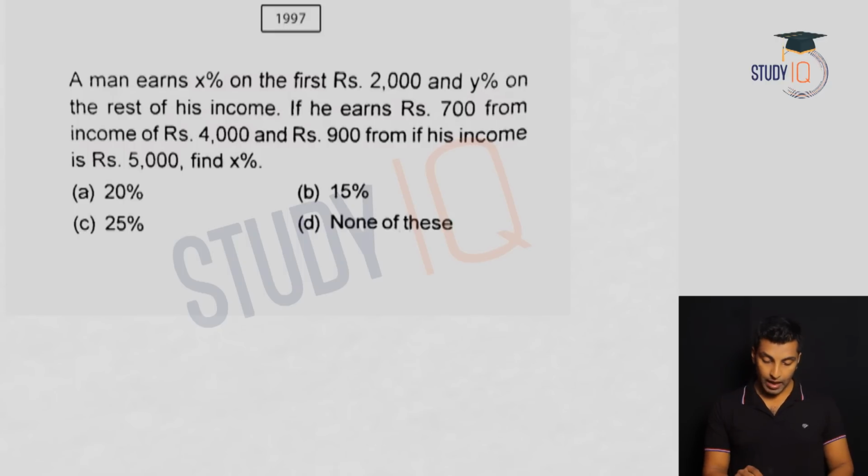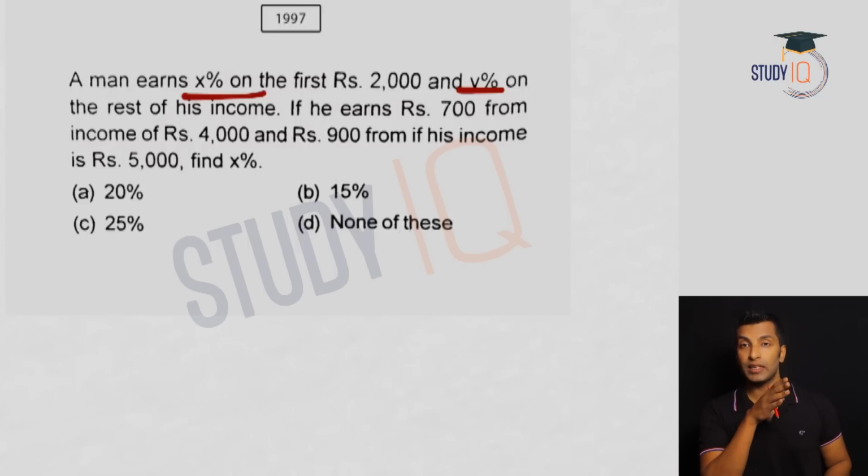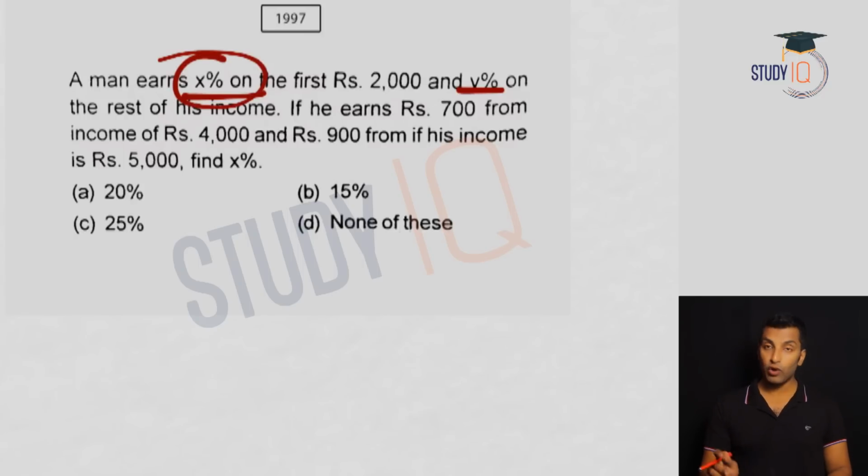What is given? A man earns X percentage on the first 2000 and Y percentage on the rest of his income. So let's suppose he is earning 10,000. He's earning X percentage from the first 2000 and on the rest of the 8,000 he is getting Y percentage. And what is asked? If he earns 700 from an income of 4,000 and 900 from an income of 5,000, find this X percentage. Okay, so I hope you understood the question.